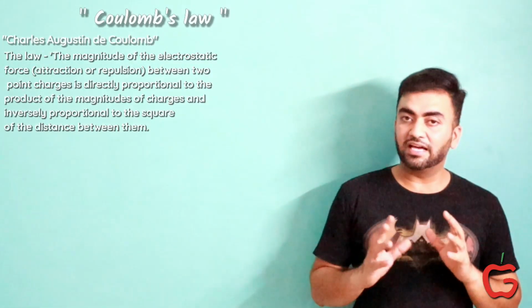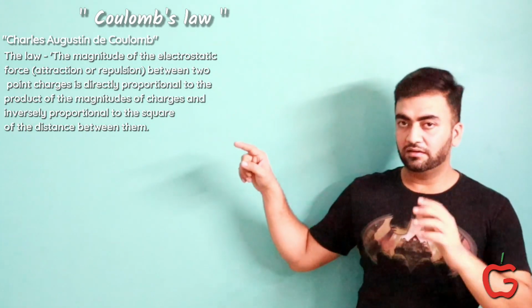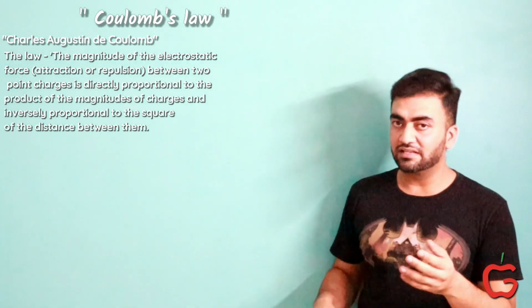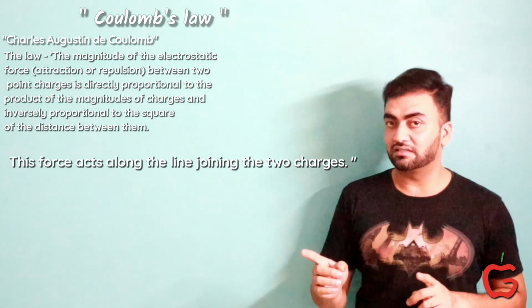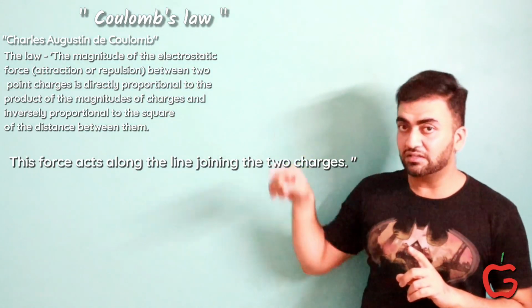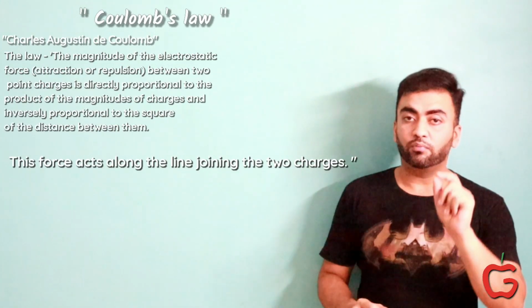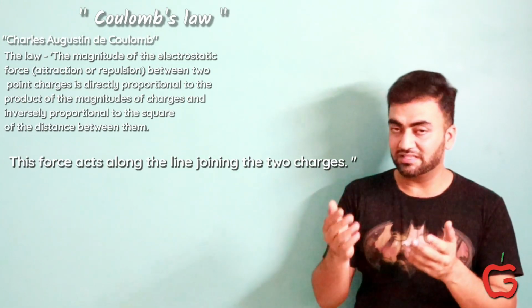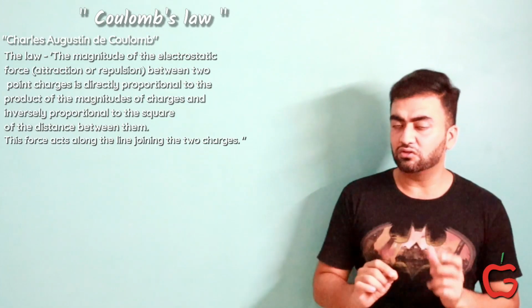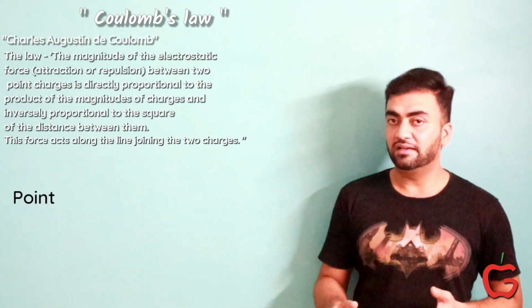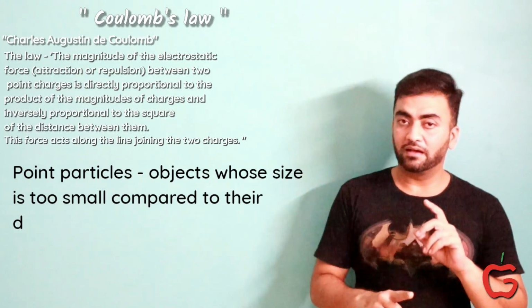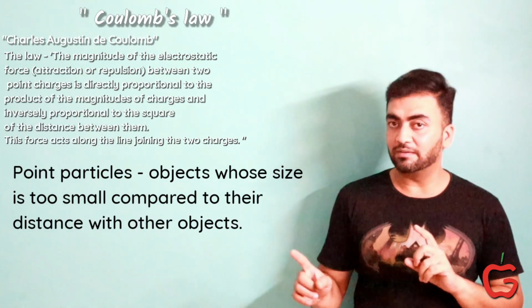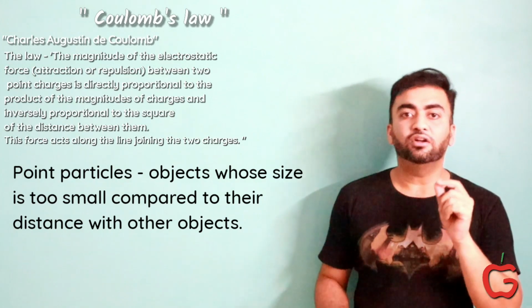Now let's discuss the direction of forces. The second part of Coulomb's law says that this force acts along the line joining the two charges. Now mind you, this law is valid only for point charges, or specifically point charged particles. Now what are point particles in general? Whenever the size of the objects is much smaller compared to the distance between them, they are called point objects.